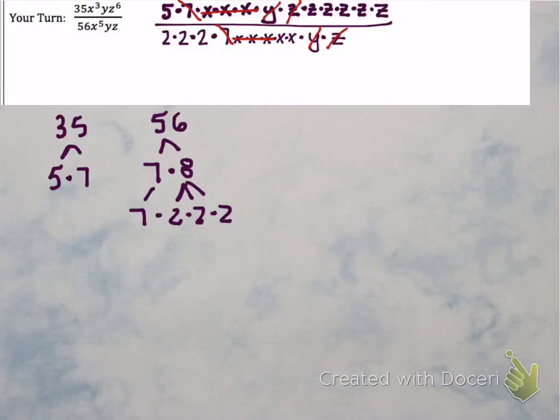And then for my simplified fraction, the coefficient in the numerator, I just have 5 left over. And then for variables, I have 1, 2, 3, 4, 5 factors of z, so that would be z to the 5th. And then in the denominator, I have 2 times 2 times 2, which gives me a coefficient of 8. And I have 2 factors of x in the denominator.